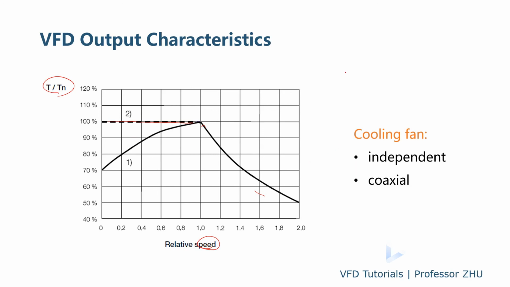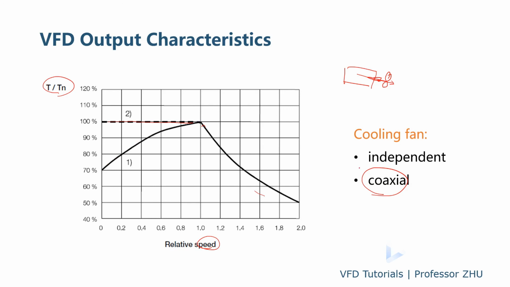We know that for most motors, cooling is by a fan on the shaft of the motor, coaxial. So when you reduce the speed, the airflow is reduced, the ventilation is reduced, and the motor will heat up with high torque. So the actual torque should be reduced to make sure the motor does not overheat.